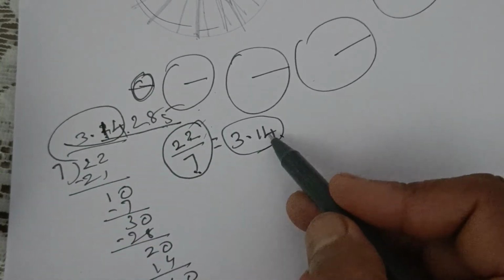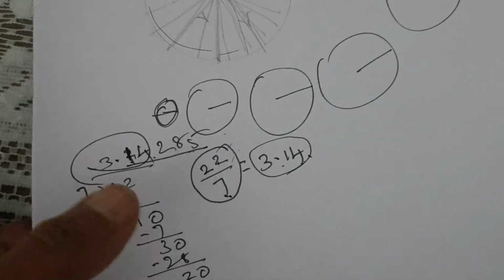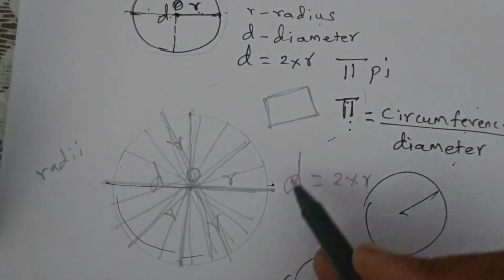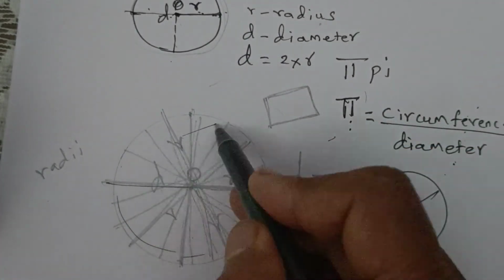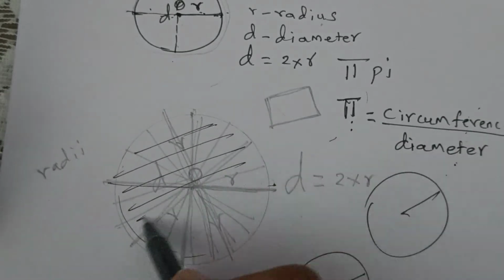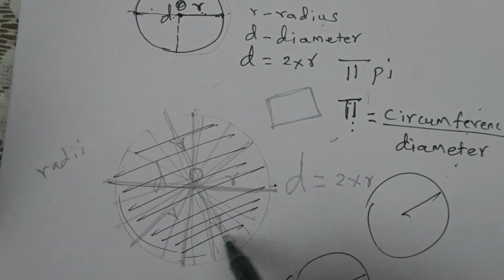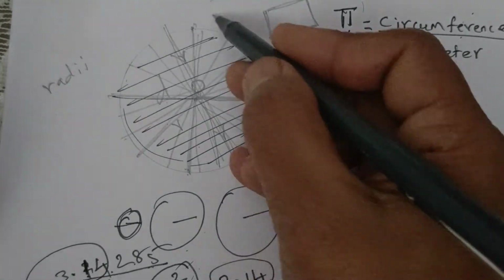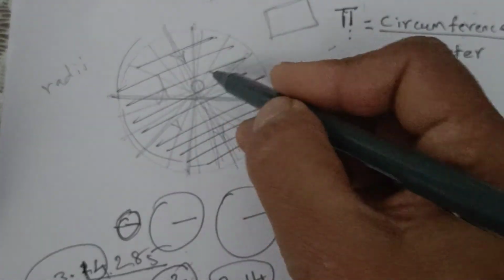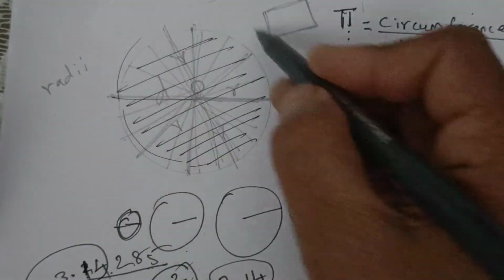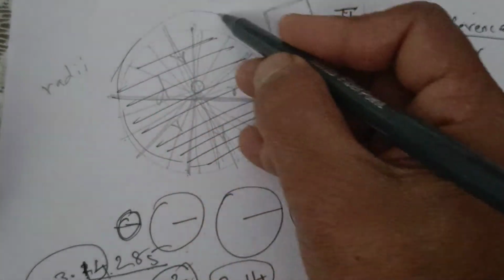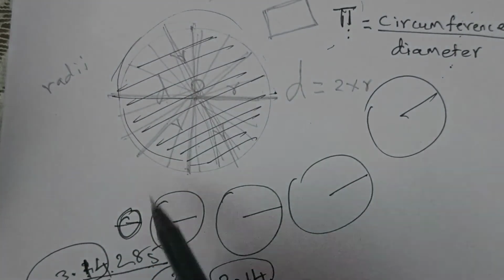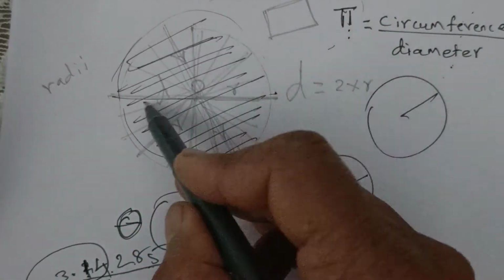When you convert, it is 3.14, and using this pi value we are finding the circumference of the circle and also the area. Area is the portion covered within this boundary line. The space within the boundary line is called the area, and the total length along the boundary of the closed shape is the circumference.